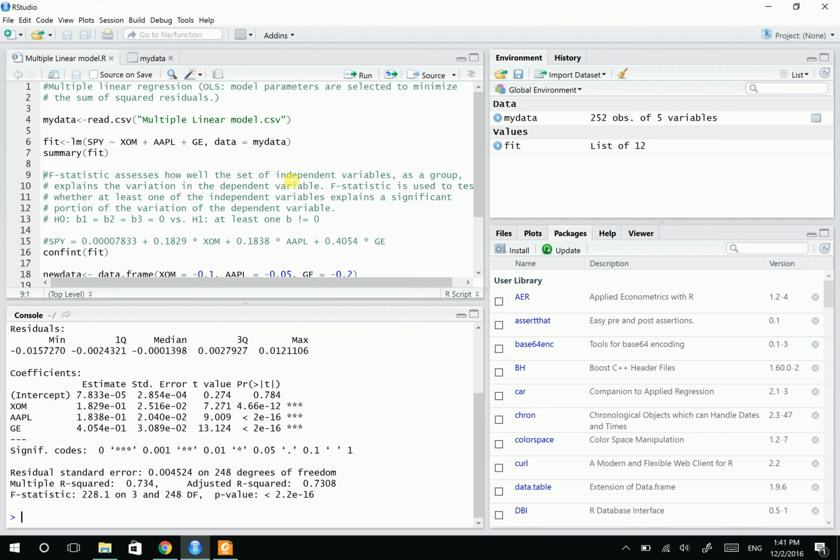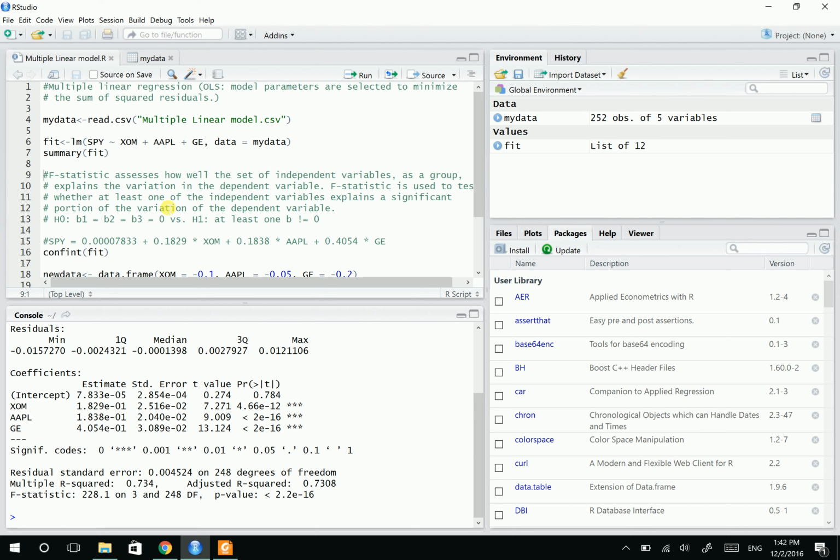That means it is used to test whether at least one of the independent variables, Exxon, Apple, or GE, explains a significant portion of the variation of the dependent variable.